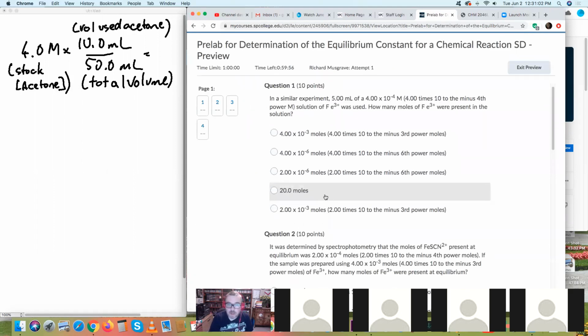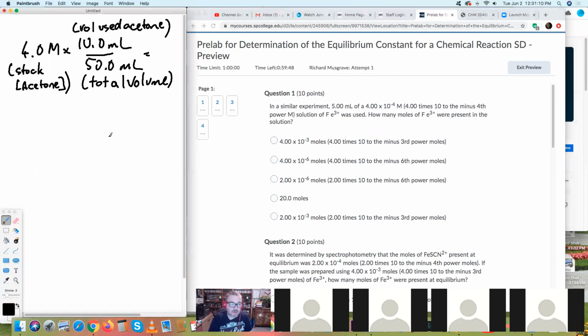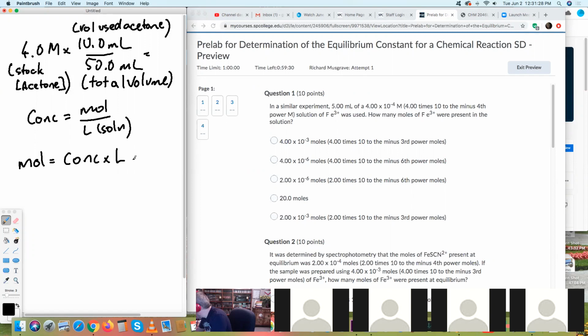It's asking here, in a similar experiment, this many mL of solution of Fe3+, how many moles of Fe3+ were used? Well, what we know is that concentration is moles per liter of solution. So if you want moles of something, moles is always going to be concentration times liters of solution.